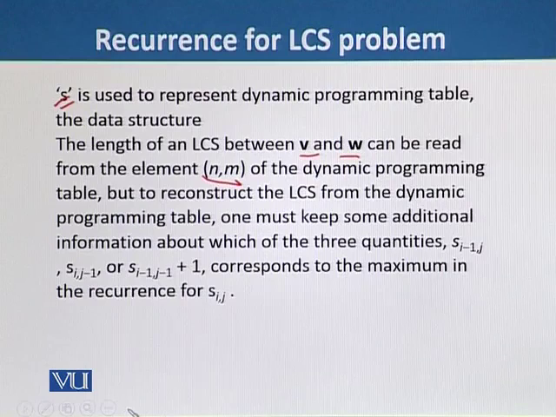But to reconstruct the LCS from the table, we keep some additional information about which of the three quantities gave the maximum: S(i-1,j), S(i,j-1), or S(i-1,j-1) plus 1. This corresponds to the maximum in the recurrence for S(i,j) that we saw in the previous slide.